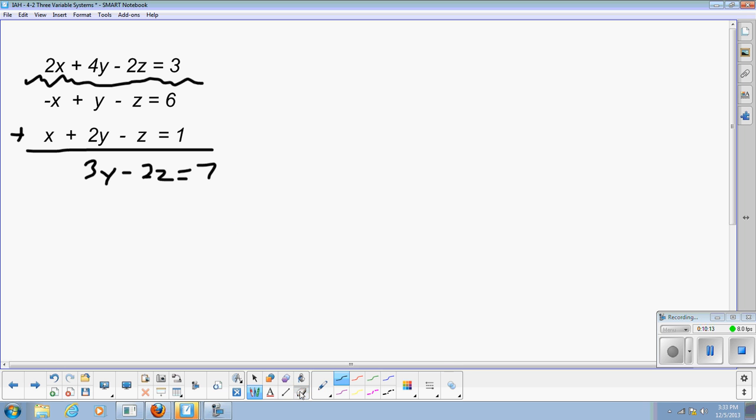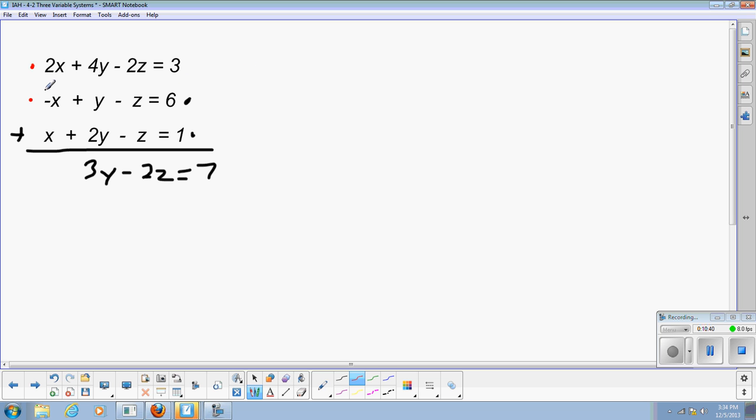All right, so now again I have to pick. I used the second and the third equations to create a two-variable system. Now I have to eliminate x again, because to create another two-variable system, I have to have another equation with just y and z. So I'm going to use the first one and the second one because I have opposite signs and I can multiply pretty quickly there.